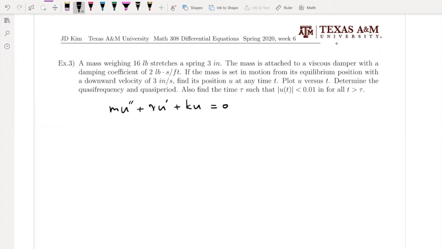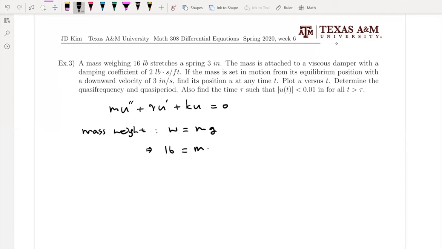What about m? m is mass. In the problem, there's a mass weighing 16 pounds, so we have to find the mass. Weight is mg. So 16 pounds means the mass m times gravity.